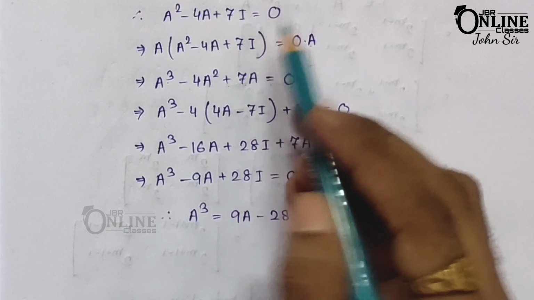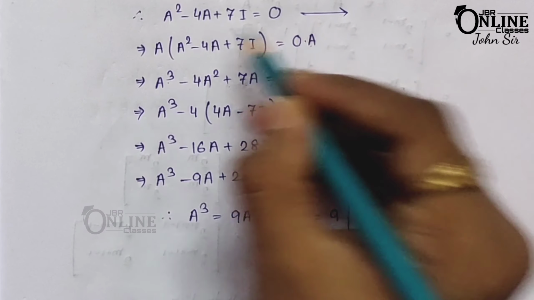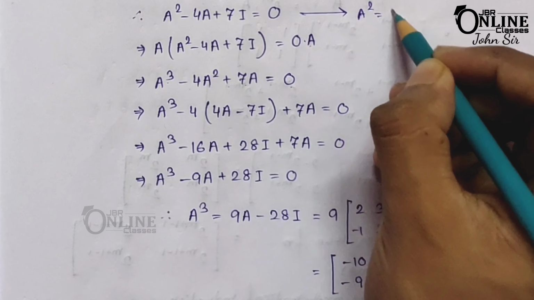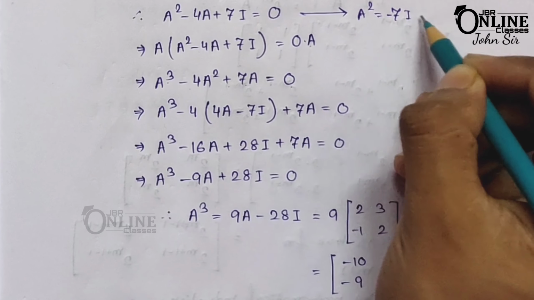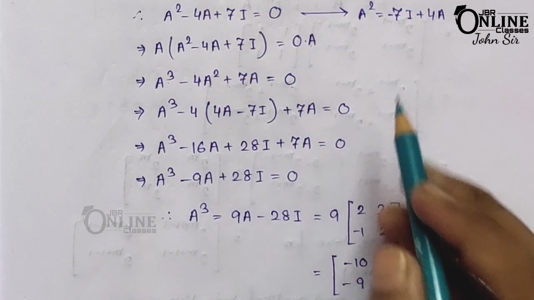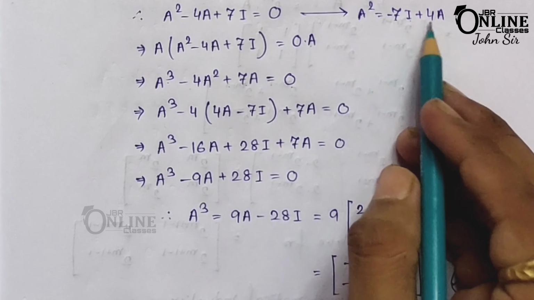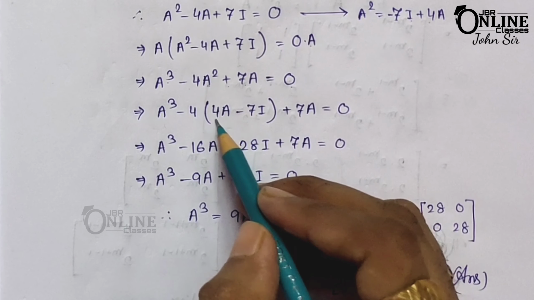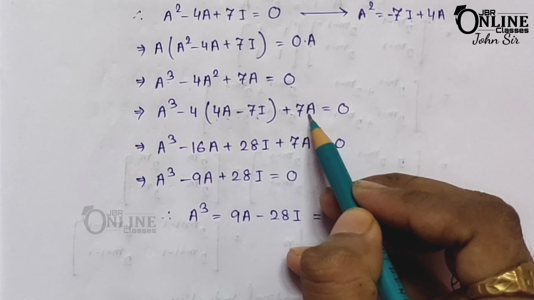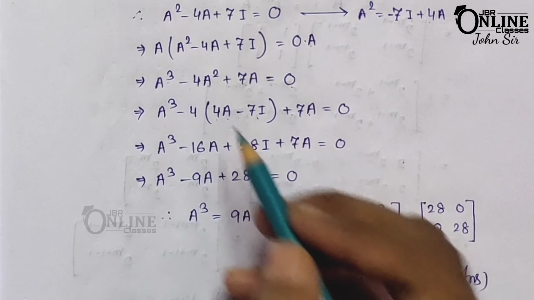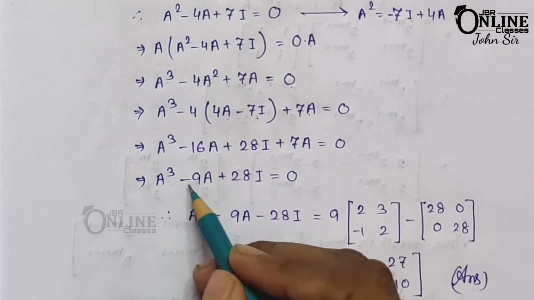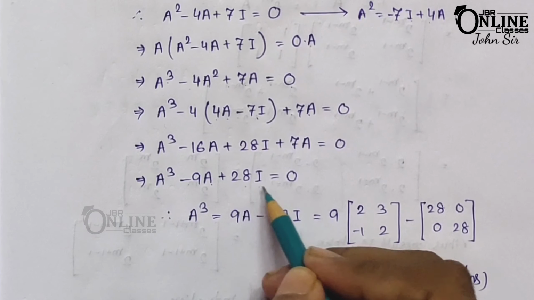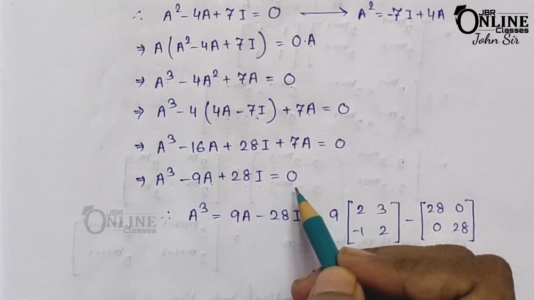Now here from this equation, A square equal to minus 7I plus 4A. Okay, A square equal to minus 7I plus 4A. Just substitute the value of A square here, 4A minus 7I plus 7A. Clear? Now multiply 4, you will get A cube minus 9A plus 28I, that equal to 0.